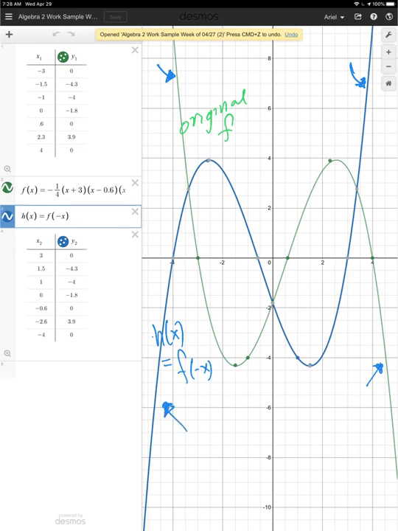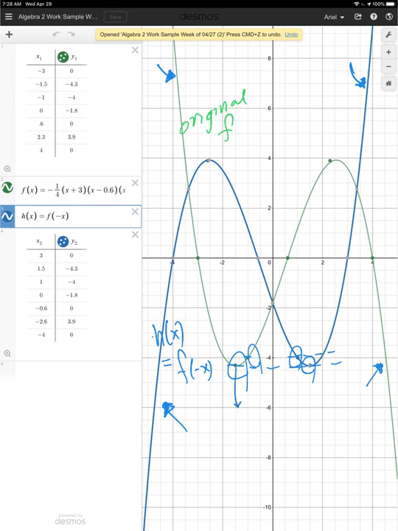This reflection is called a reflection across the y-axis because, as you can see here, the y values of the points are the same. If I draw a line like this, we see that the y values are the same, but the x value has been switched.